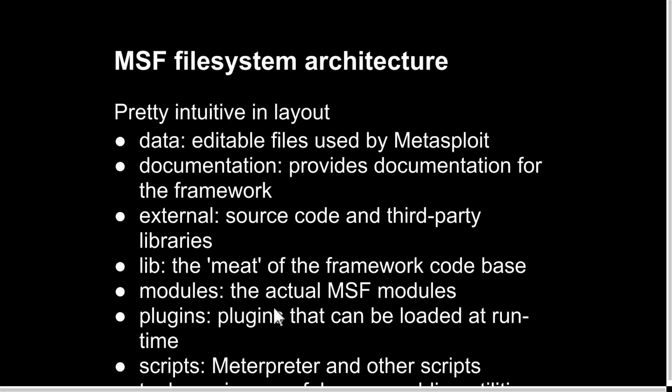Basically, data has editable files that are used for configuration and whatnot. Lib is really what provides the meat of the code base for the framework. So if you really want to get into the code of Metasploit, you will find all the good stuff there. And then scripts are in the scripts directory, plugins are in the plugins directory, and you can have private custom plugins that are actually located somewhere else. And I'll cover that.